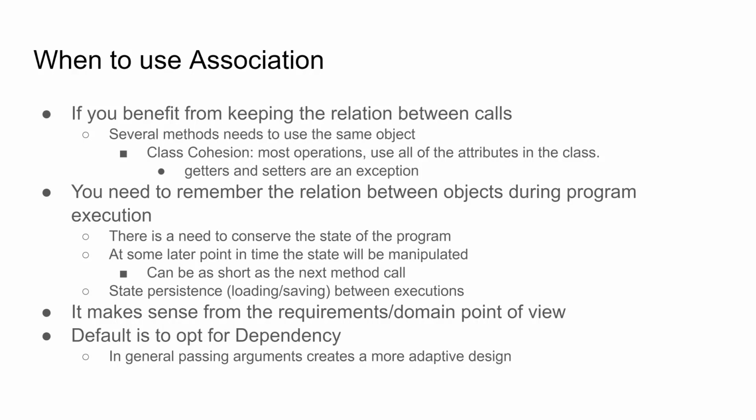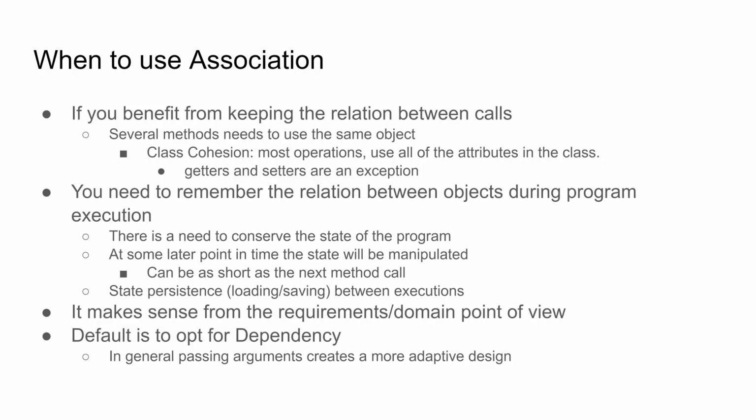So if you have a lot of methods that use just one of the attributes and a bunch of other methods that use some other attribute, this is an indication that maybe this class should be split into two different classes, because one part of the class seems to handle one type of responsibility and another part of the code in the class seems to handle some other part. So if you can find attributes that all of the operations need, it's a candidate to use these types of attributes as an association.